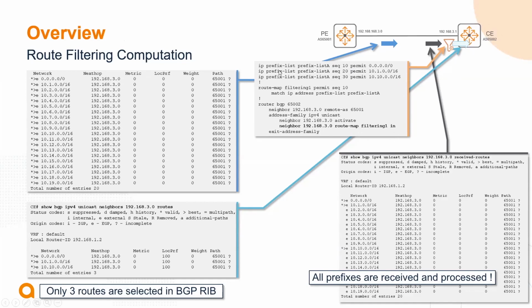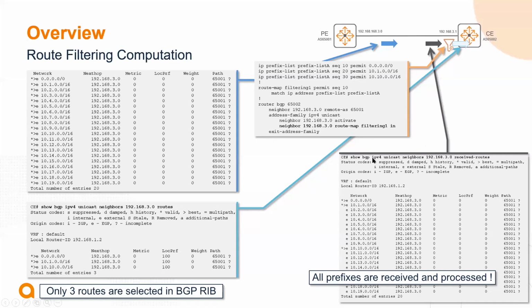After that route map has been applied and processed, you will see on the CE only the routes that are permitted through that prefix list. But you will see as well that the CE is receiving all the routes from the PE. Here is the table.